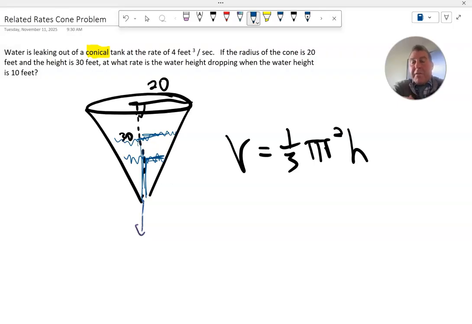Everything's going to be dropping. So I can't plug in any constants now before I differentiate for radius or height or volume, because all 3 of those are changing and therefore must be represented as variables by definition of a variable.